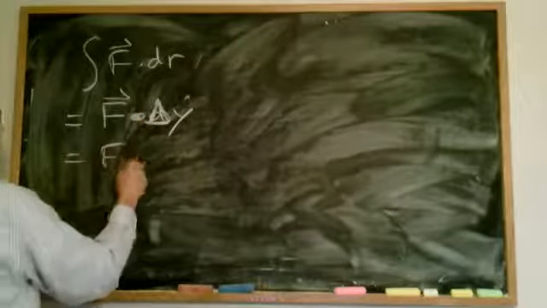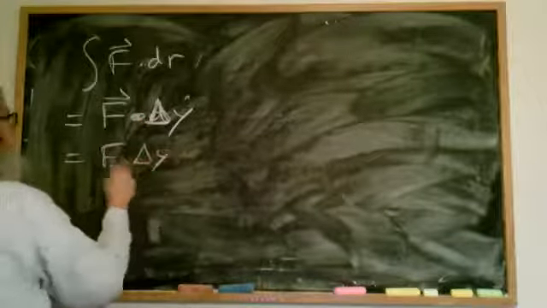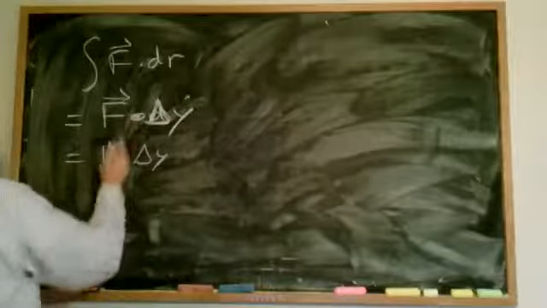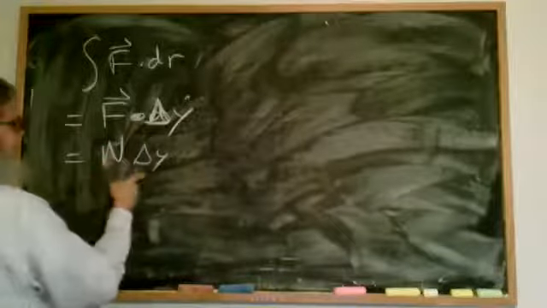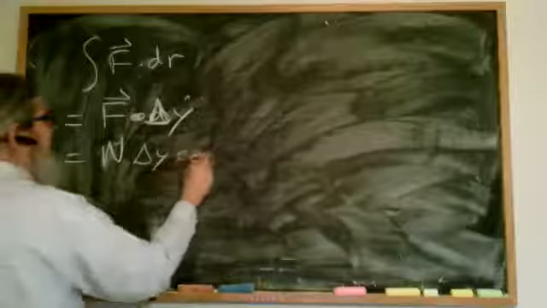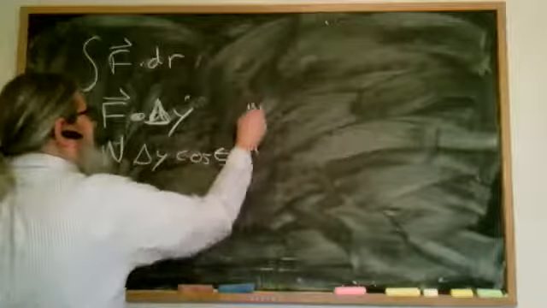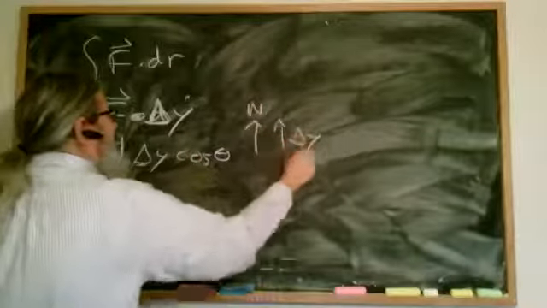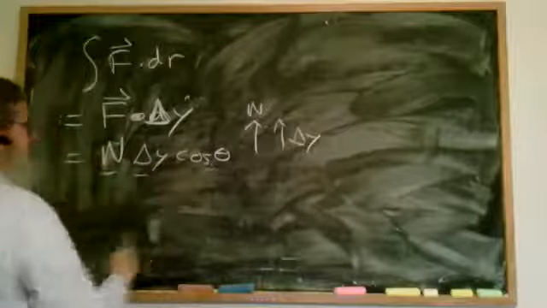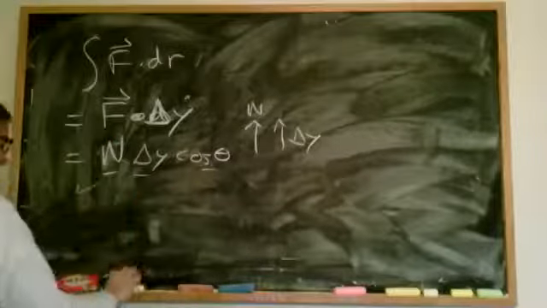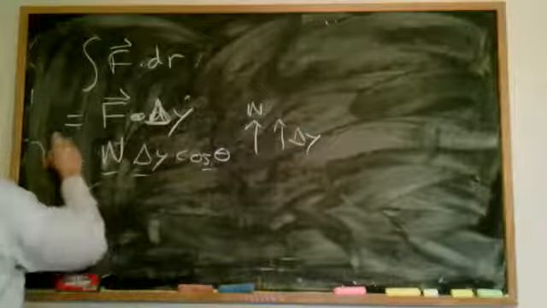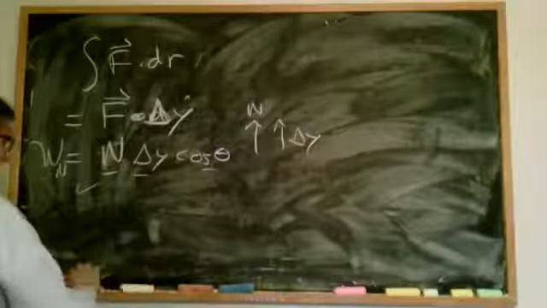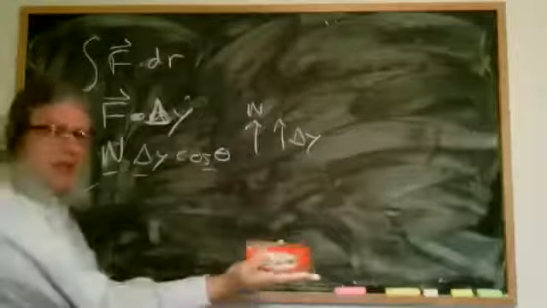So that's the normal force times delta y, and then cosine of the angle. The normal force points up, and delta y points up, and so I get positive, positive, and 1, and that's a positive work done. That's the work done by the normal force. It's positive. Good.